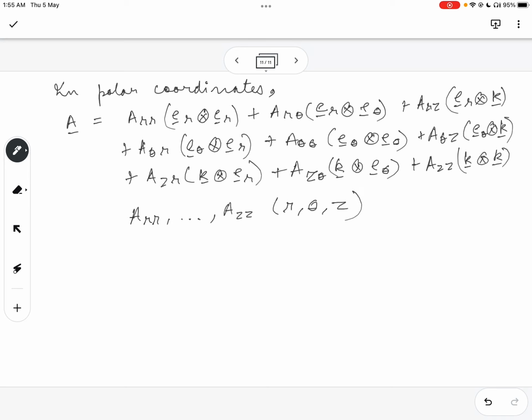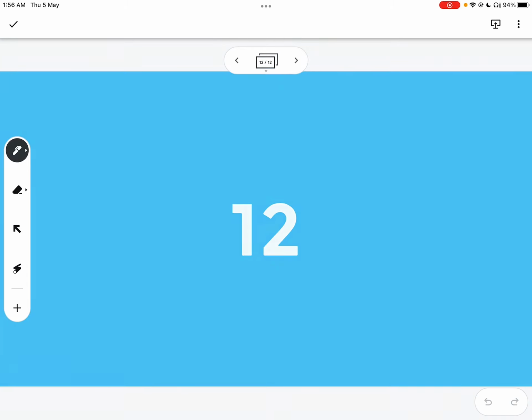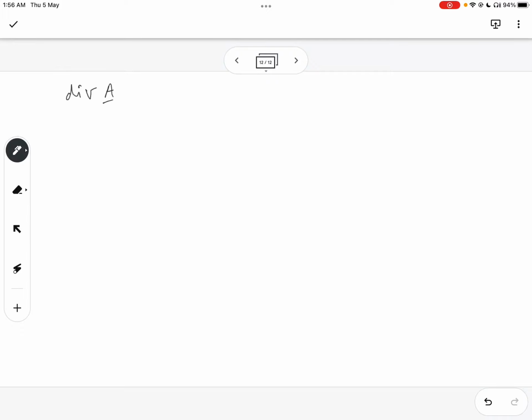So as with the Cartesian case, divergence of A would be some quantity times ER, some quantity times E theta, and some quantity times K. These are the components of divergence of A dotted with ER, with E theta, and with K. We'll take divergence A dot K first, as K is a constant vector.